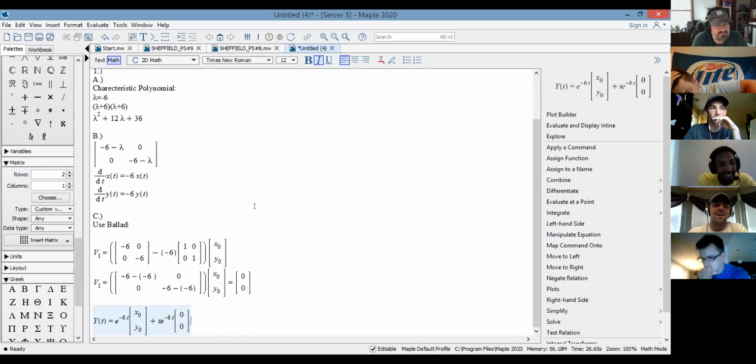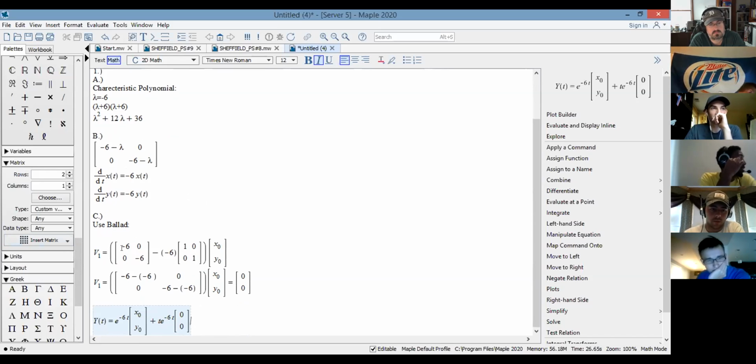So part C, and in part C we have to use the ballot. So basically, it's b subscript 1 equals A, where A represents our matrix right there, minus lambda times I, which represents this matrix right here, 1, 0, 0, 1, and then times b subscript 0.